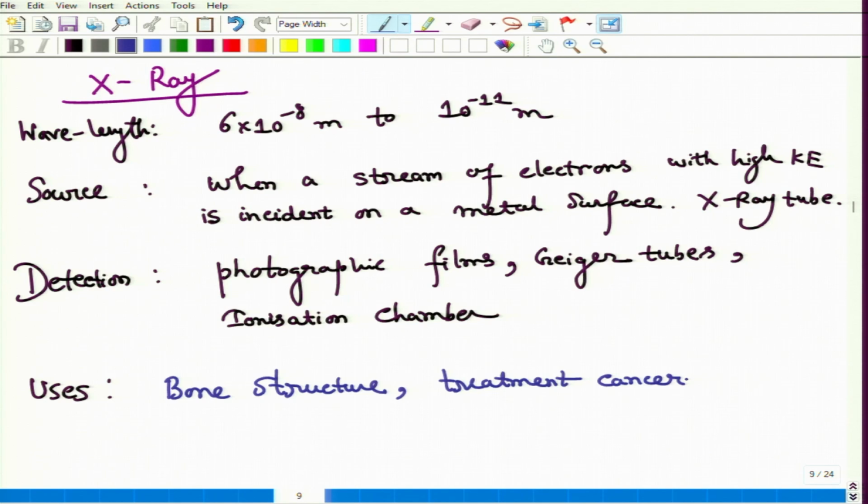So these are basically the medical purposes. In medical purposes, we extremely use X-ray.